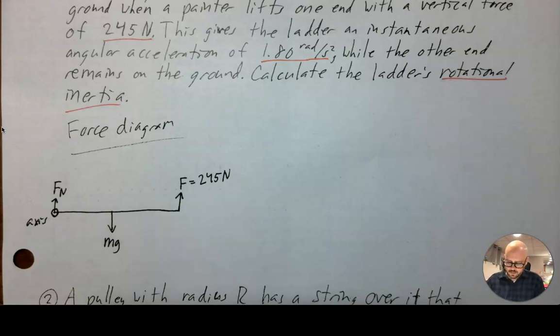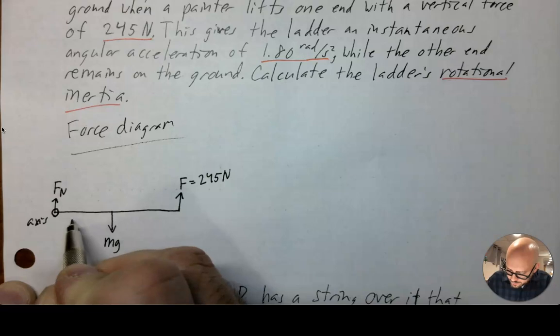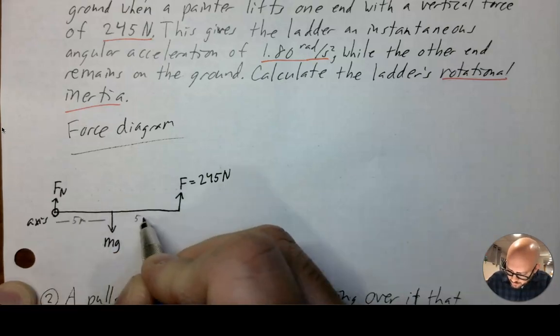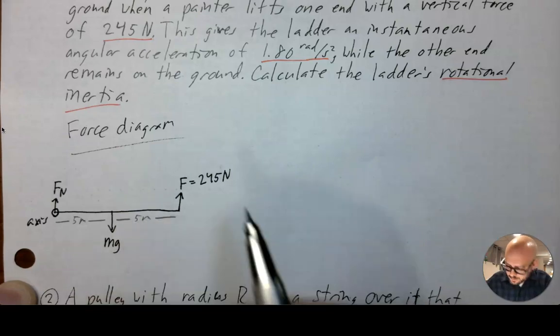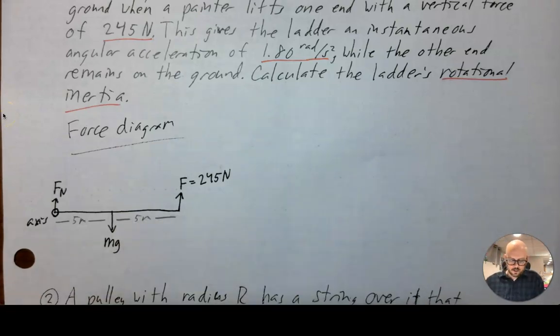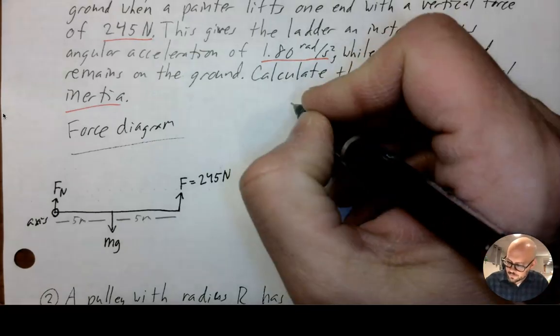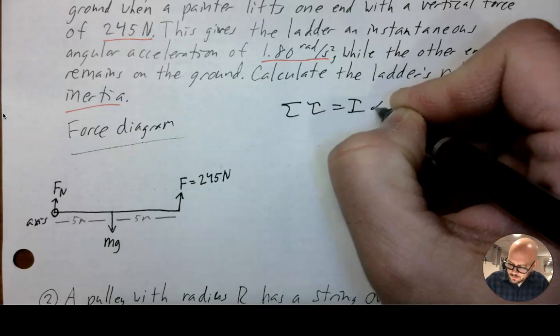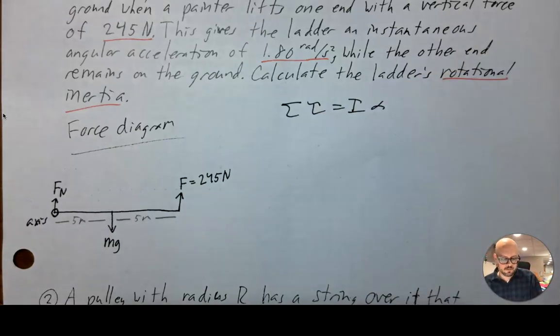These three forces divide up the ladder nicely. We have one 5-meter segment here and one 5-meter segment here. So we're going to calculate the rotational inertia of this ladder using those two forces and a given angular acceleration. So relatively speaking, this is kind of easy.